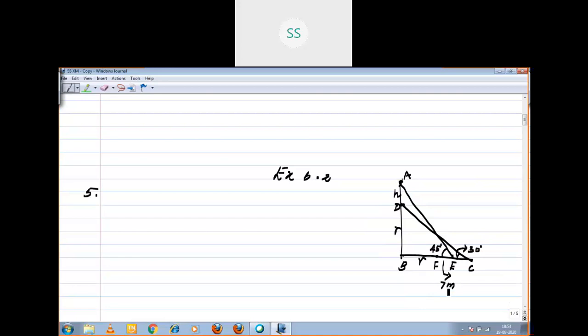And moving away from E to C, they mentioned 5 meter, the distance between E and C, away from the dome and seeing the bottom of the pole at an angle 30 degree. Find the height of the pole and radius of the dome.